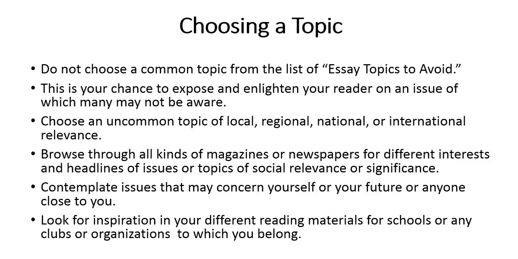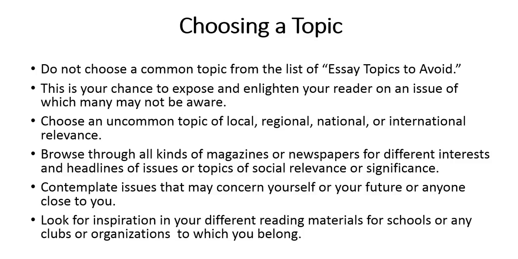What you can do is go to your local library or the school library here and browse through the different publications that your libraries have, such as the different magazines or newspapers of different interests. You don't have to read any articles, but you can certainly browse through the table of contents and skim the titles of the articles to see what is out there and what people are concerned with.